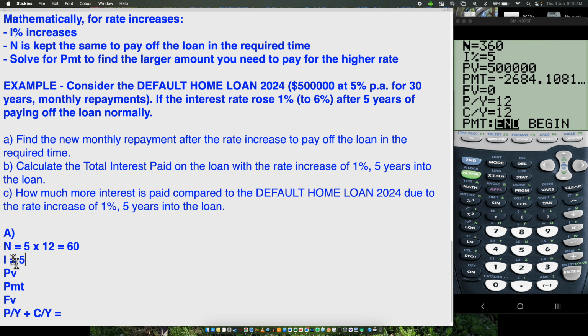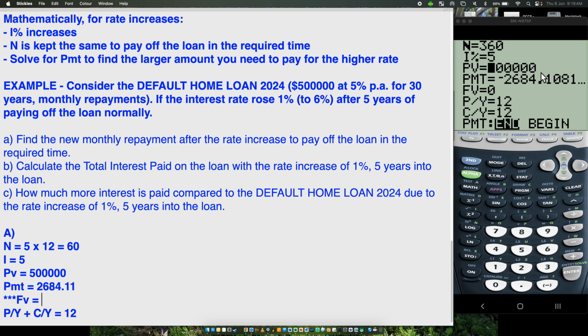The interest rate hasn't changed in the first 5 years, we're paying it off normally. What was the starting debt? 500 grand. I was paying $2,684.11. I'm solving for FV because I want to work out how much do I owe the bank after only 5 years. Is FV going to be 0 if I've only been paying for 5 years of these payments?